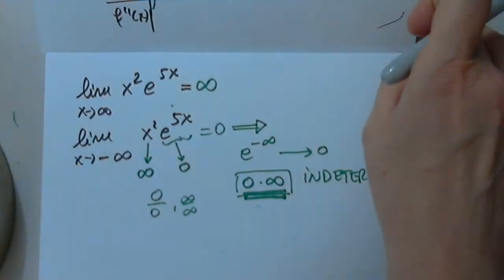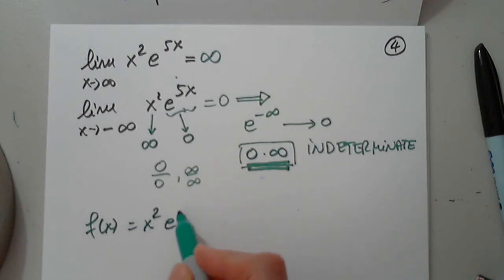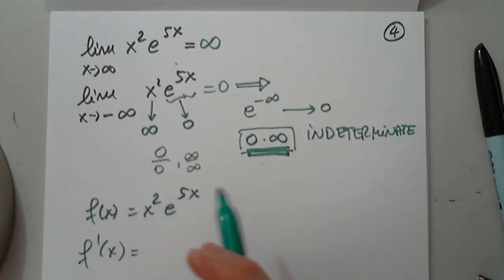Again, this is not a pleasant situation. So f of x equals x squared e to 5x. What differentiation rule do we apply here? Product rule. Very good.